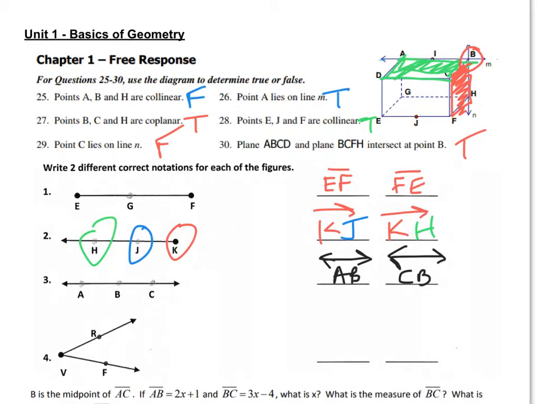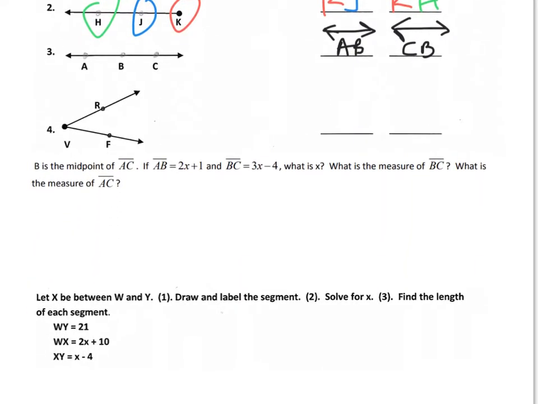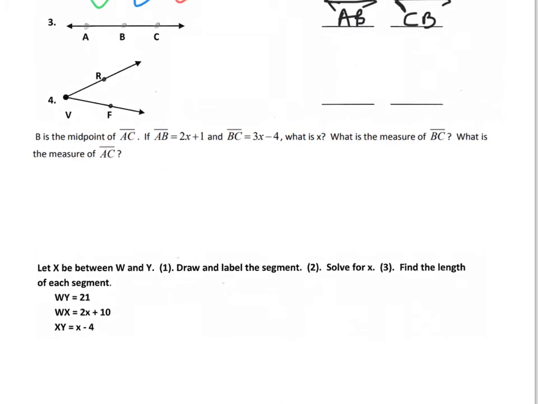There are a lot of correct answers. All right, now I have some angles. So I can name it with just one letter, which would be something like angle V. Or I can name it with 3 and do something like RVF. Remember, the important thing is that it traces the angle RVF.